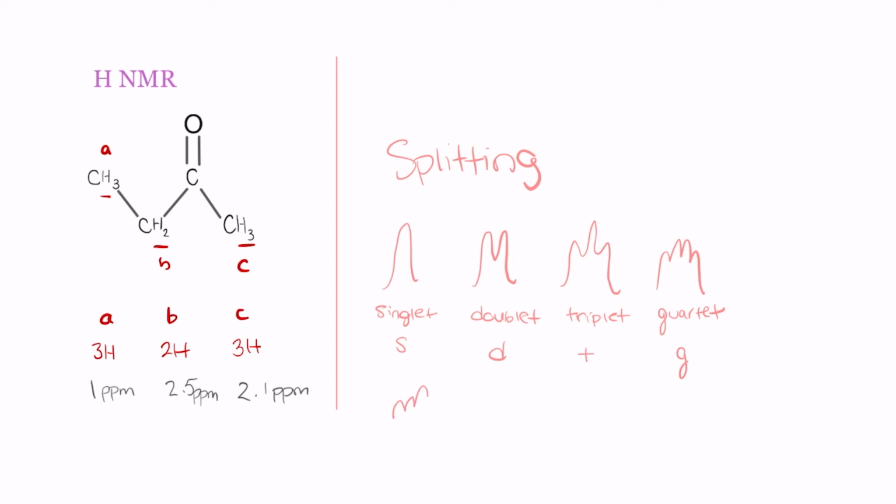Now, if your signal splits 5 times or more, we call this a multiplet, and you might see it as M for multiplet.